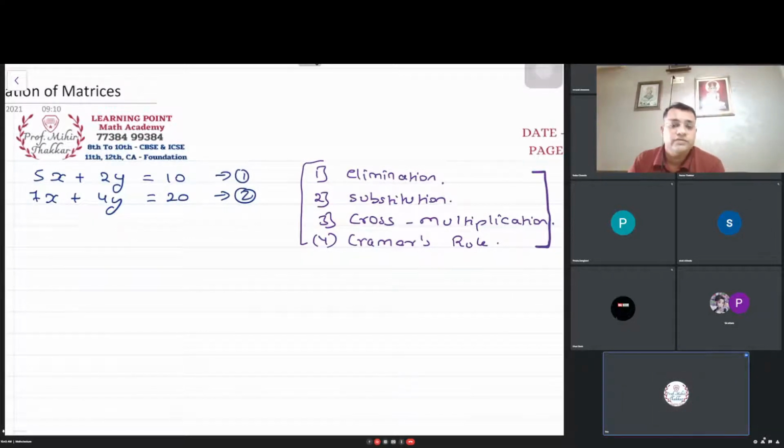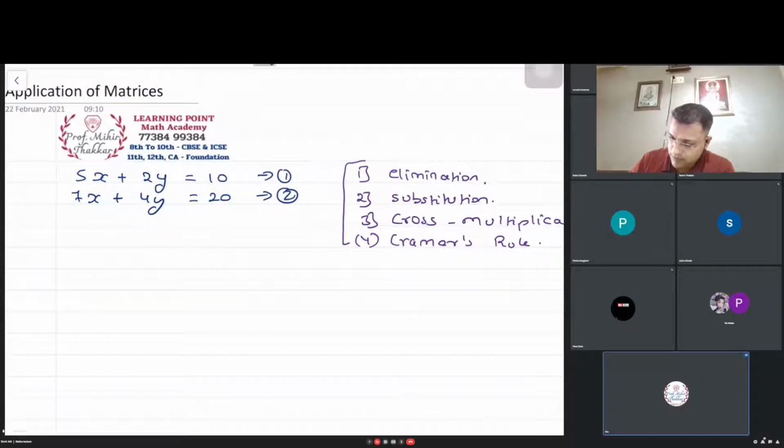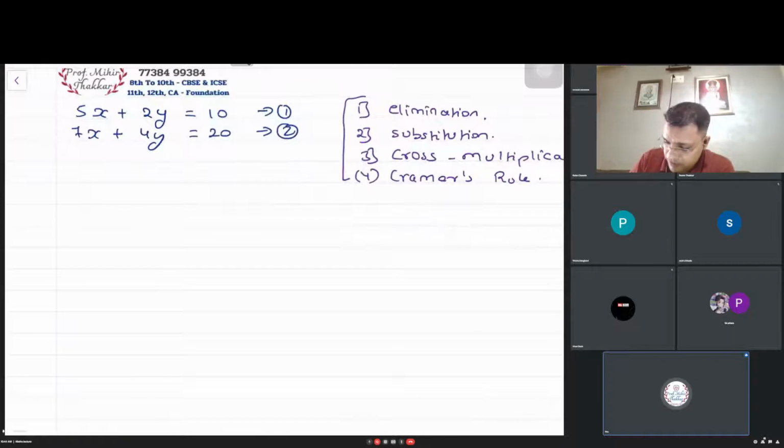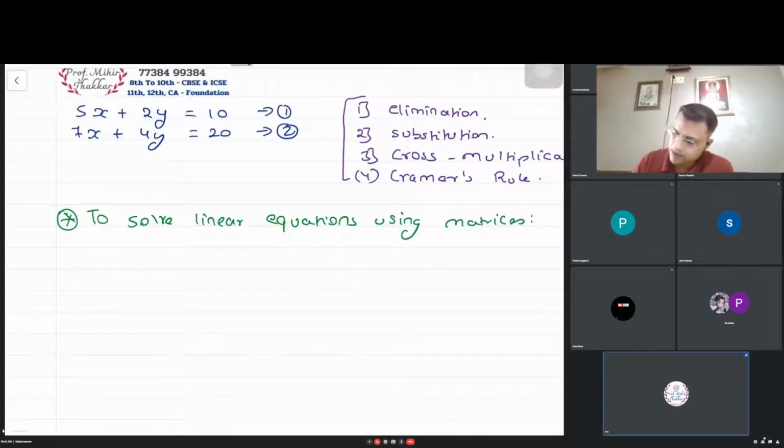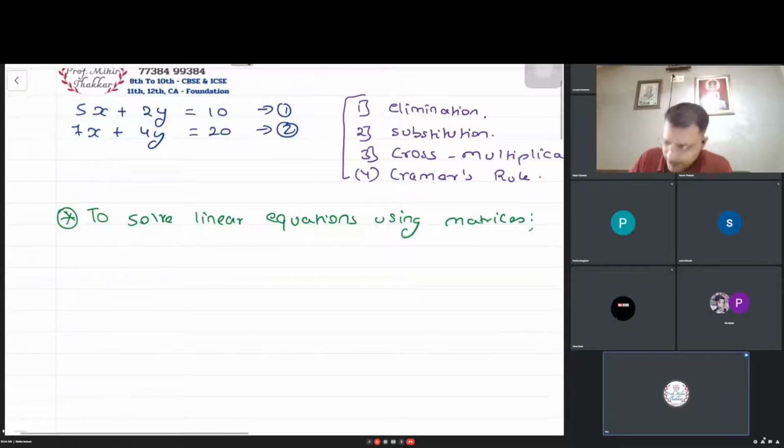Now for your 12th standard, you have to learn how to solve this kind of equations using matrices. So when I want to solve the equations using matrices, you can write this down along with me, please. To solve linear equations using matrices, there are two methods.